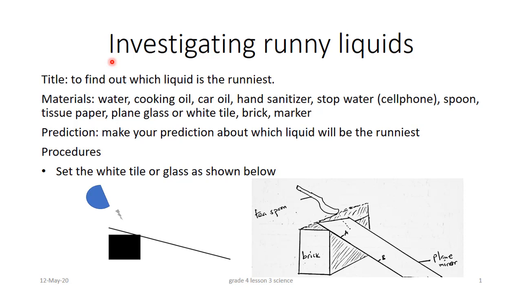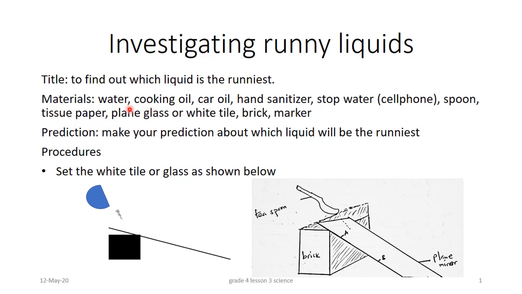So make sure you get these materials: water, cooking oil, used car oil, or hand sanitizer, a stopwatch or a cell phone, a spoon, tissue paper, and plain glass or a glass mirror.